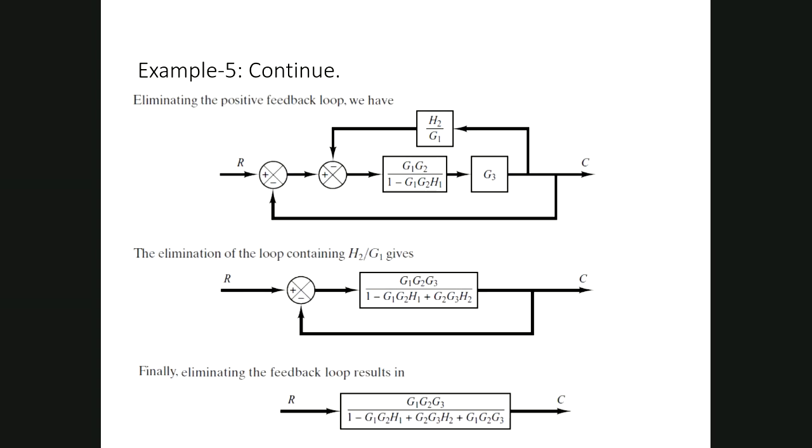We'll have this in G3 with another feedback. Notice it is also feedback. So this can be written as this times this over 1 minus this times all of them.